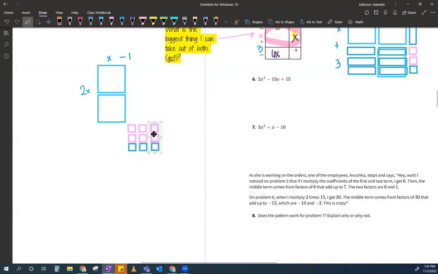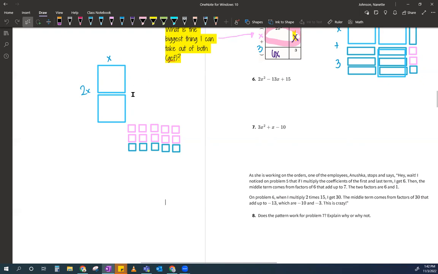So can you start filling in the boxes over here while I do this? Okay. So how many X's would go here? How many X's would go here? Yeah, 3 X's.